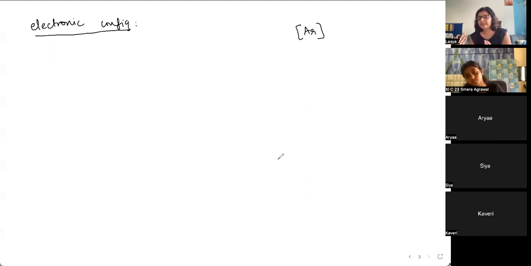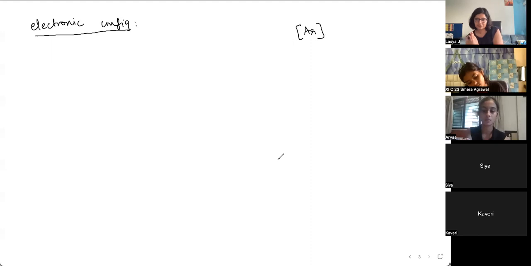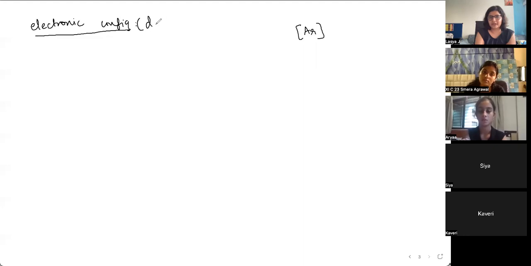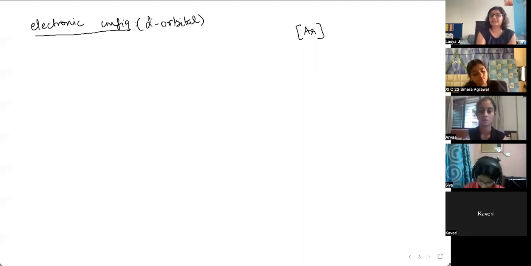Usually if it's a metal ion, which in most cases it is, the 4s2 electrons are lost. And depending on the oxidation state, if it's +3, one d electron is lost. So here we are only talking about how the electrons are being filled in the d orbitals, the electronic configuration specific to d orbitals when splitting is taking place.